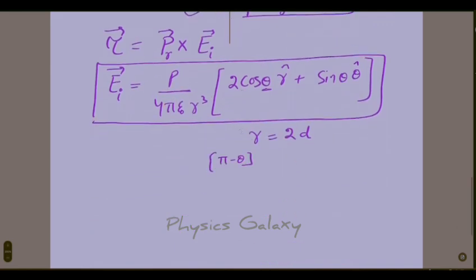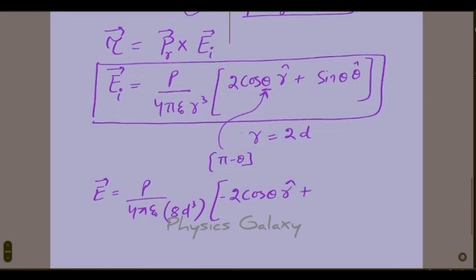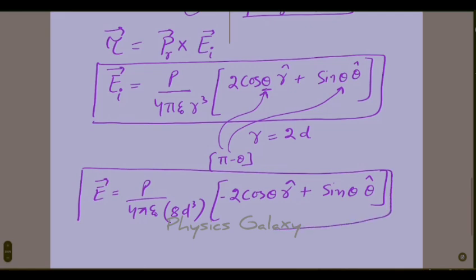So the electric field will be P divided by 4 pi epsilon naught r cube, that is 2d whole cube, which is 8d cube, then 2 cos of pi minus theta, which equals minus cos theta, r cap, plus sin of pi minus theta, which is sin theta, theta cap. So we got our electric field.